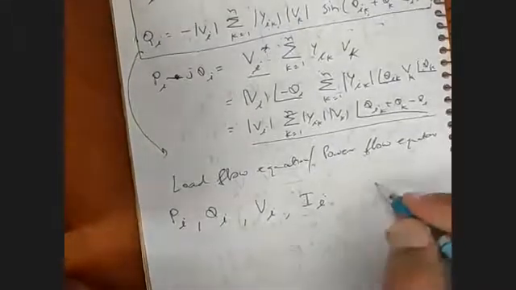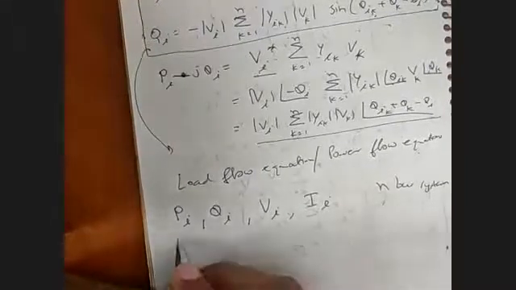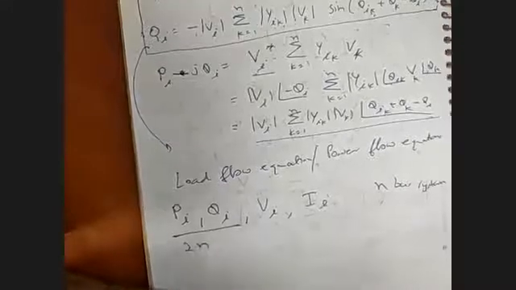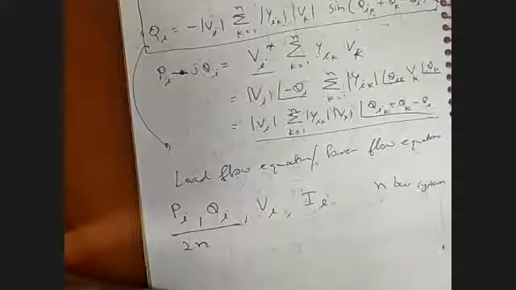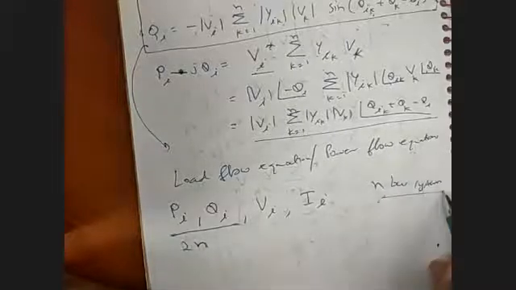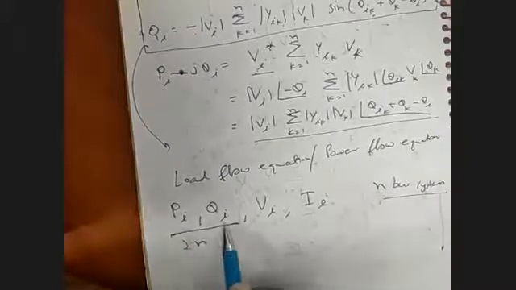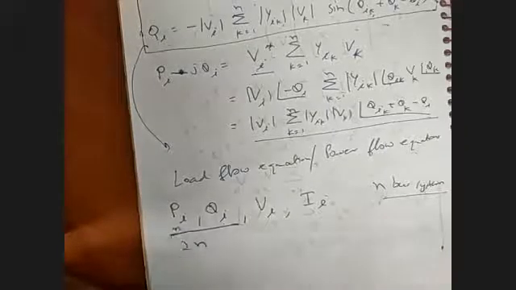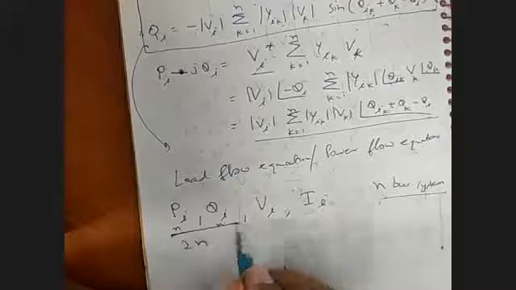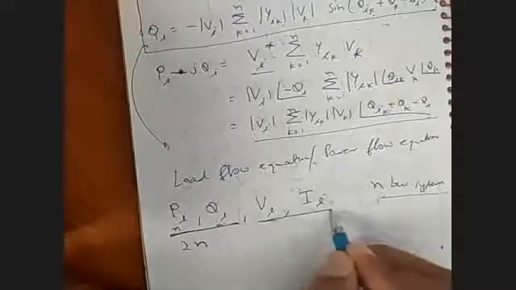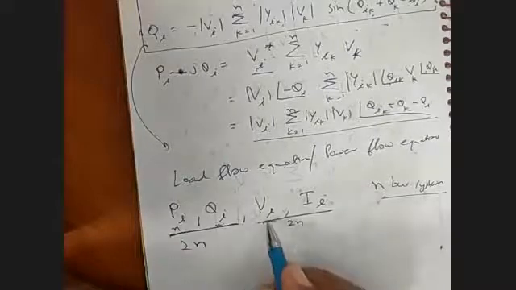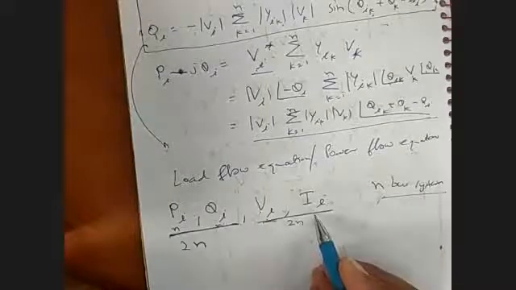For an n bus system, we are finding these 2n quantities. For an n bus system, we have power Pi and Qi, so the number of P is n and the number of Q is n. So 2n quantities, and Vi and Ii are also 2n quantities: voltage n quantities and current n quantities.